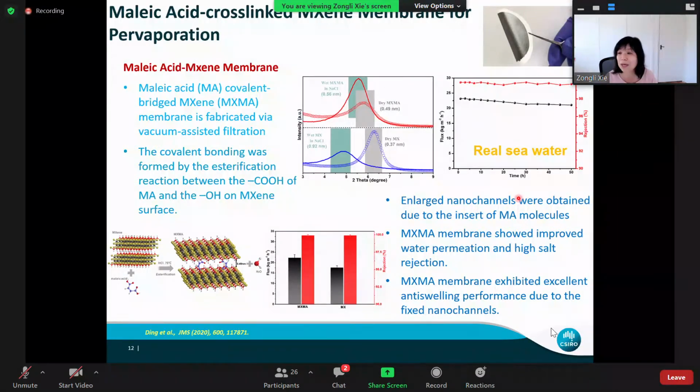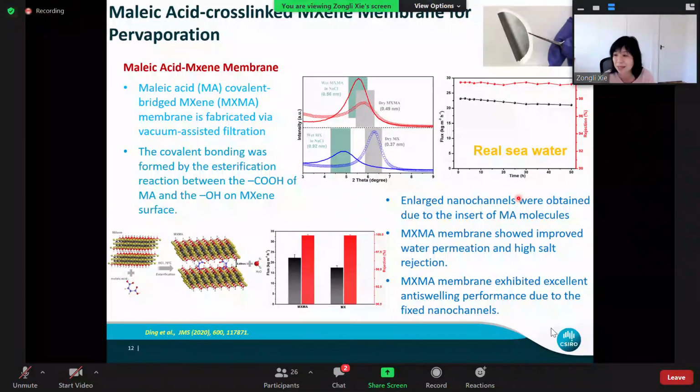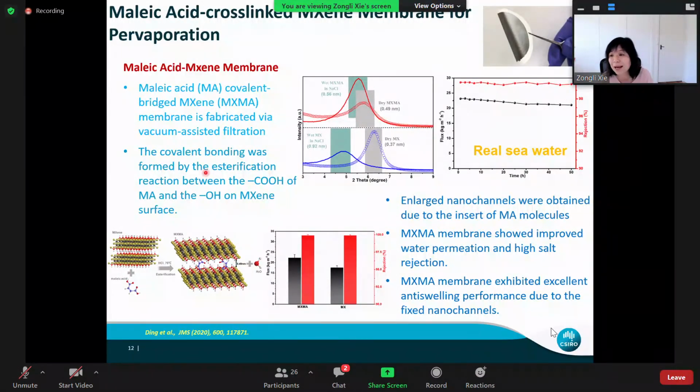But the advantage is that we can utilize the interlayer spacing, because that interlayer spacing can provide a selective channel for separation between water and other molecules, for example, the salt. So first we look at how we can tune this interlayer spacing, by using malic acid to cross-link with the MXene. And then we are able to make this malic acid MXene membrane.